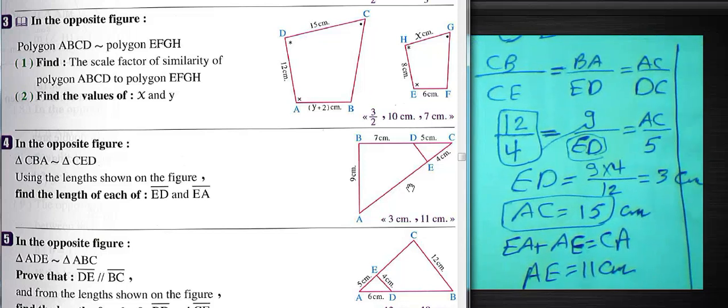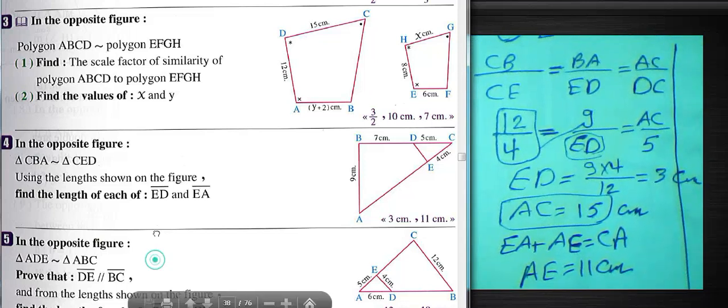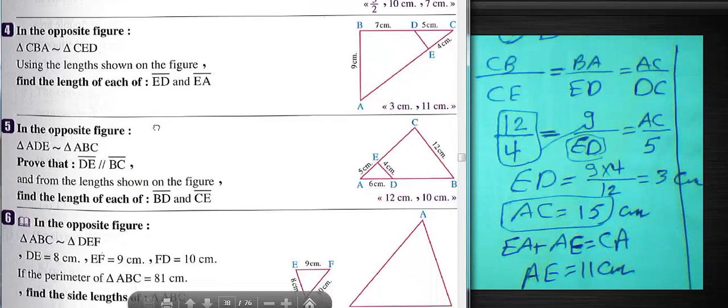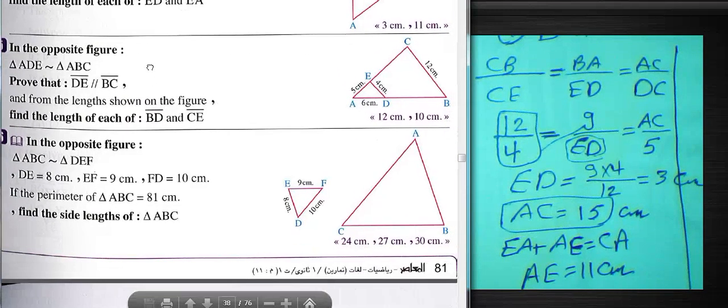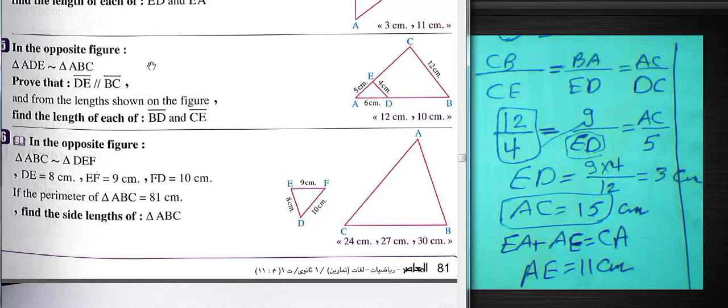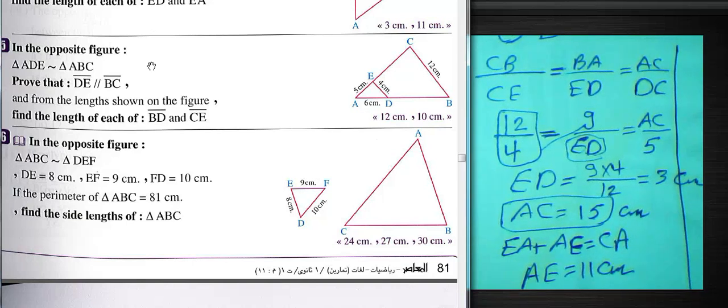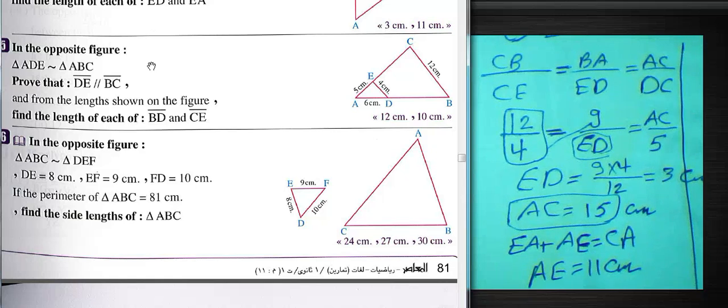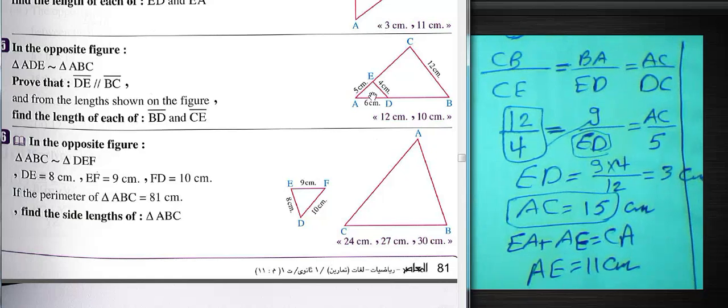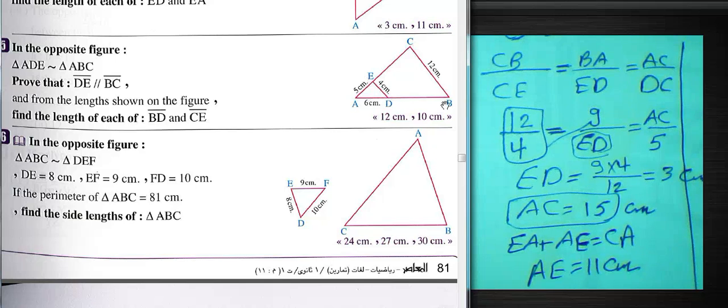Okay, question number 5. In the opposite figure, triangle ADE is similar to triangle ABC. Prove that DE is parallel to BC.